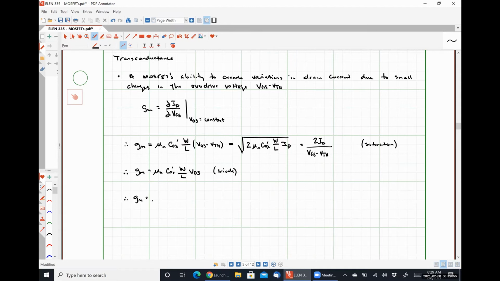We're going to have mu n C ox W over L VGS minus VTH times 1 plus lambda VDS, which is the same as the square root of 2 over mu n C ox W over L ID divided by 1 plus lambda VDS. And I'm going to write G, that does not look like a C, that looks like a G.